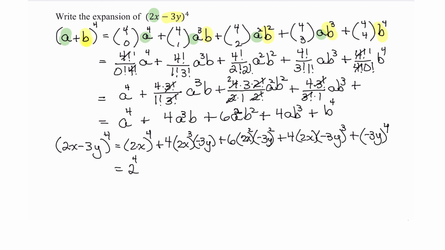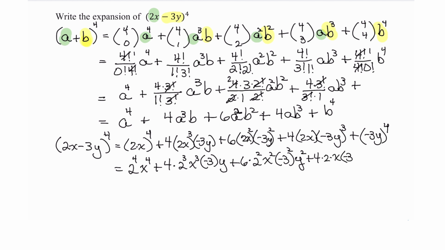So it's 2 to the fourth x to the fourth plus 4 times 2 to the third x to the third times negative 3, put that in parentheses, and then times y, plus 6 times 2 to the second x to the second quantity negative 3 to the second y to the second plus 4 times 2 times x times negative 3 to the third y to the third, and then plus in our last term a negative 3 to the 4 power and then y to the power 4.